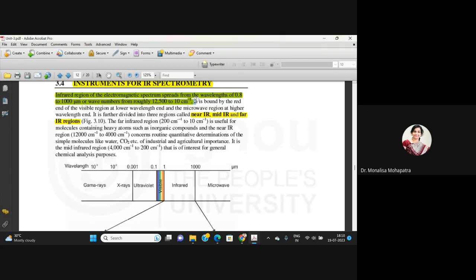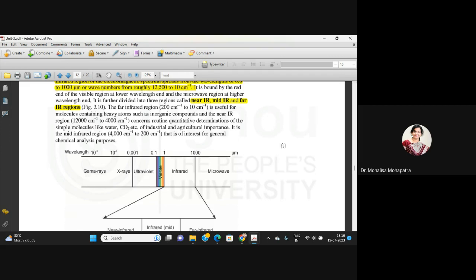However, we mostly designate it in wave number, so it is roughly around 12,500 to 10 centimeter inverse, and it is bounded by the red end of the visible region and the lower wavelength range of the microwave region. So it is in between your UV visible region and microwave region.